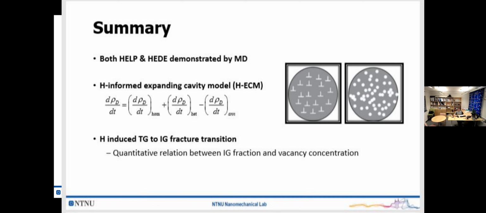So far our answer is yes, it will be possible. This will change the current treatment of hydrogen embrittlement from the binary manner to predicting when this material is susceptible to hydrogen embrittlement. So it gives the dynamic prediction of hydrogen embrittlement.